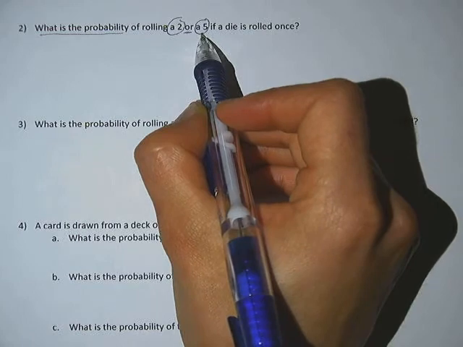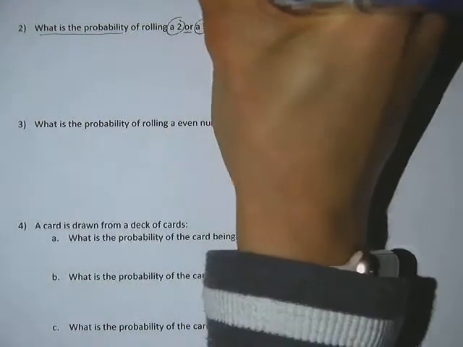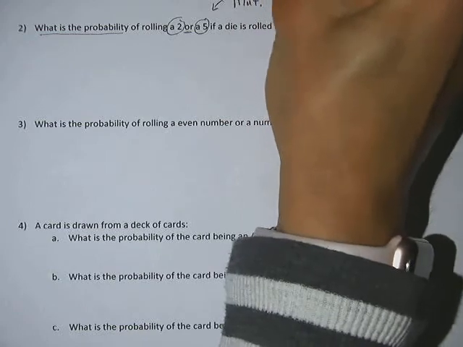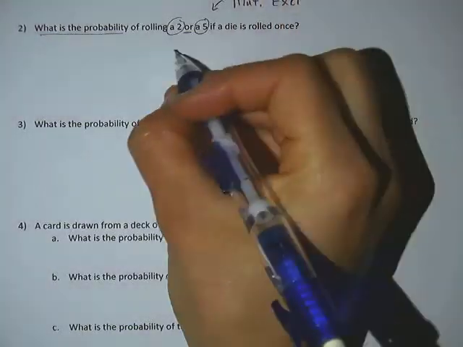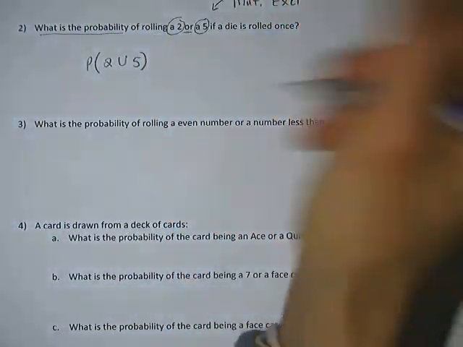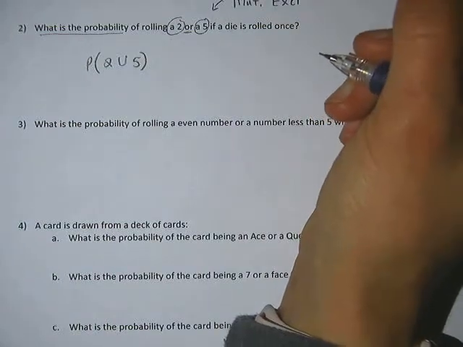And so these two things can't happen at the same time. So that means that these are mutually exclusive. So if you're finding the probability of this or this happening, and the way you write it is we're finding the probability of getting a 2 or a 5, then all you have to do is take the probability of one and add it to the other one, okay?